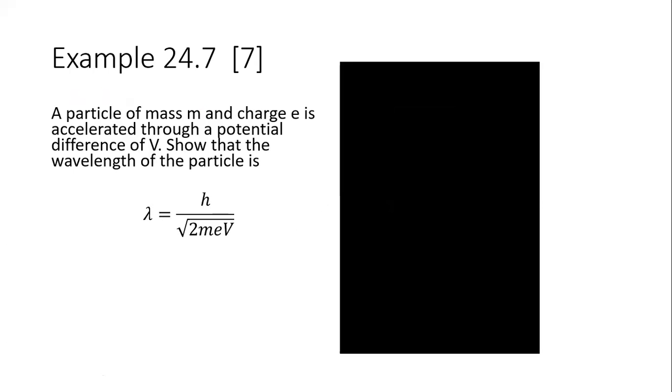Checkpoint 24.3, 24.2, you still have 2 questions to do. Start with the kinetic energy formula. Convert to momentum. Then replace your momentum with the de Broglie equation for wavelength.